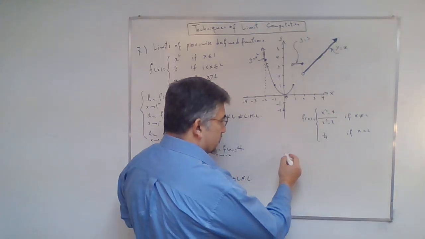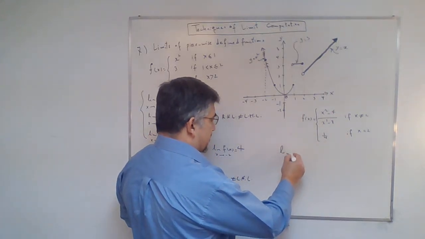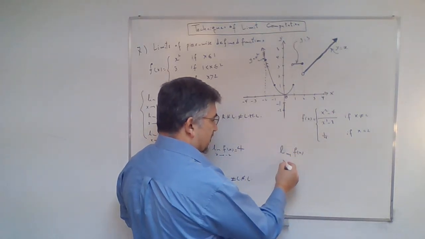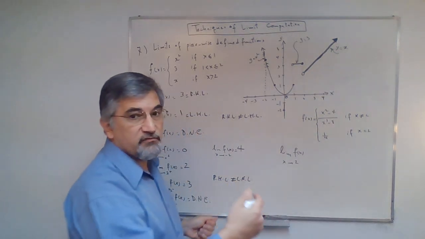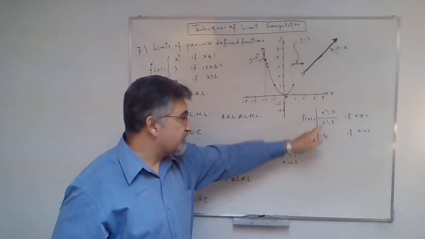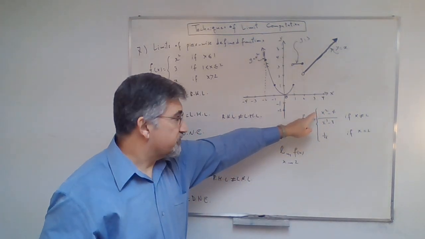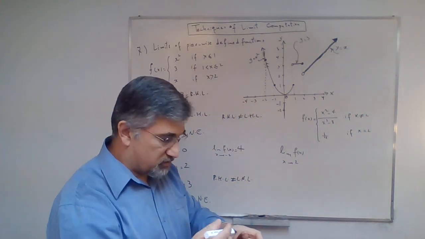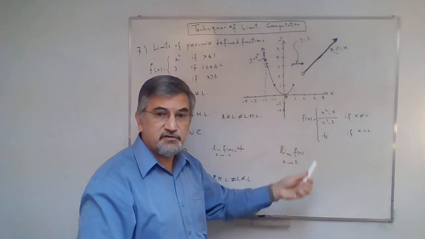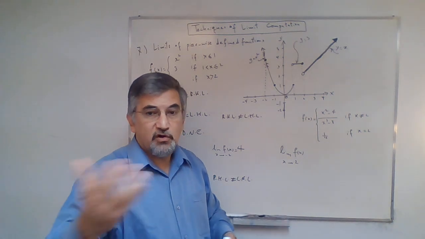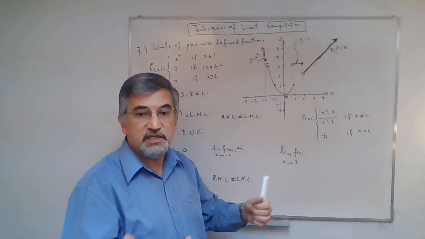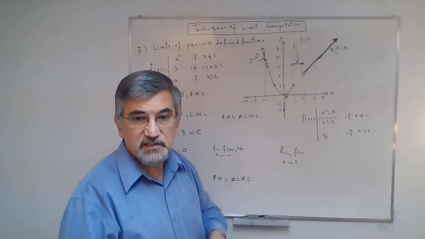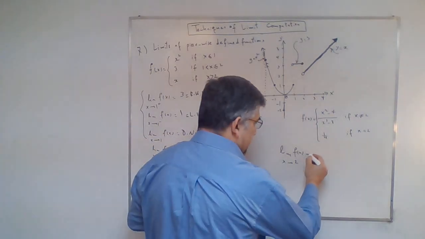So we're going to say, okay, limit of f of x when x approaches 2. Now, from the right side or left side, it doesn't matter. We have to use that first definition because here it says x is not equal to 2. It doesn't matter if x is larger than 2 or less than 2. In either way, we are using that single definition for f of x.